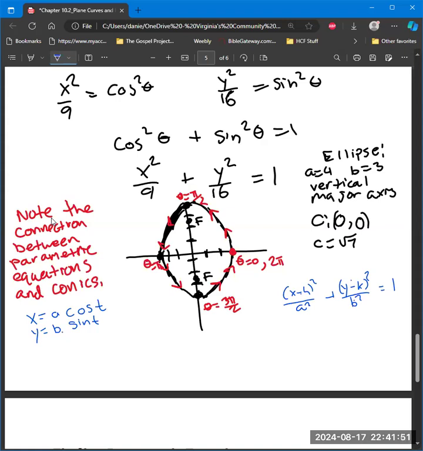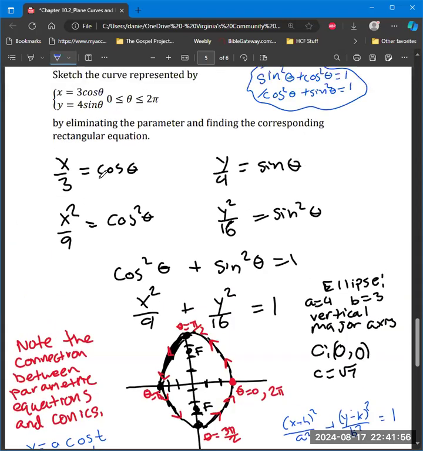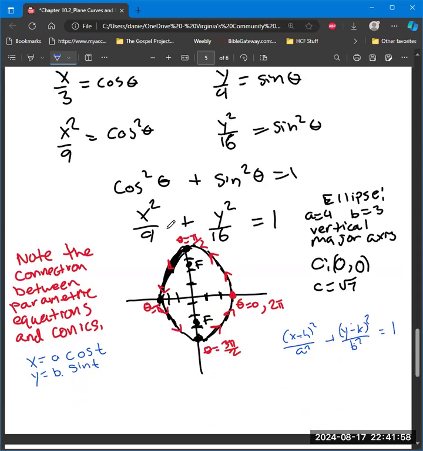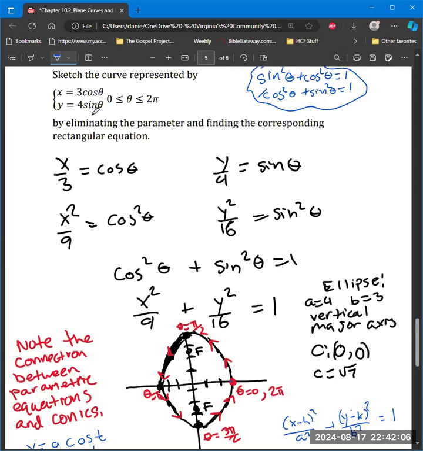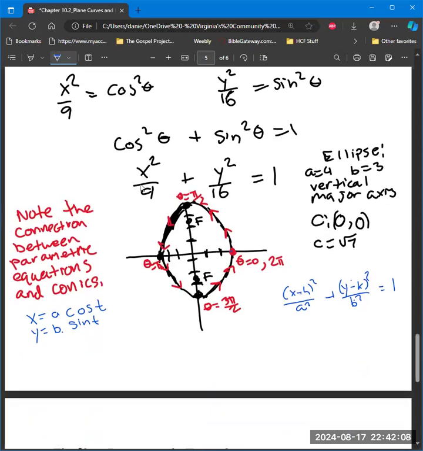And so let's look at that. X part was 3. So I went 3 in the x direction from my center, and my y part was 4. I went 4 in the y direction from my center to get my points that were on the end of my major axis and my minor axis here.